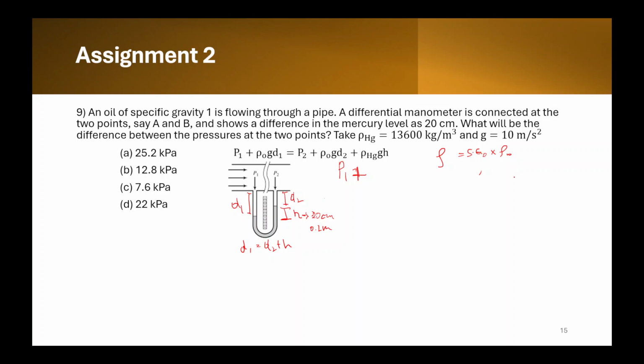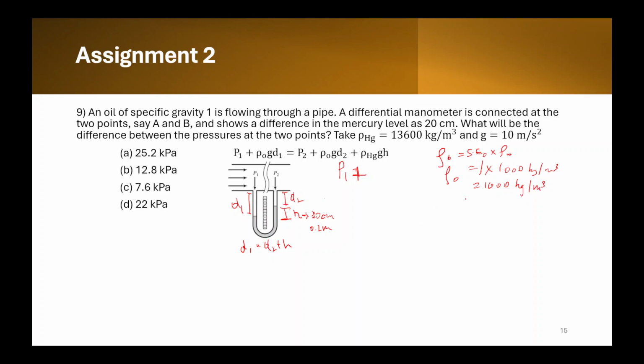So rho of water is again 1000 kg per meter cube, and specific gravity is 1, so 1000 kg per meter cube. So we need to use the SI units only. So the density of water will be 1000 kg per meter cube, and rho of oil will be 1000 kg per meter cube.